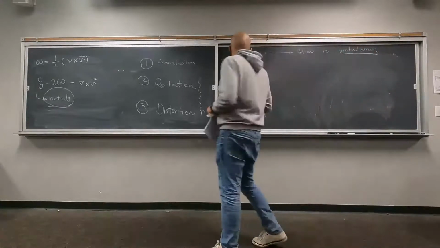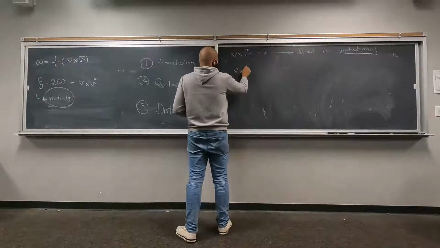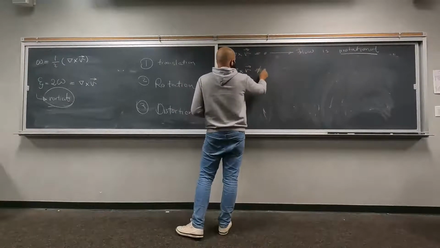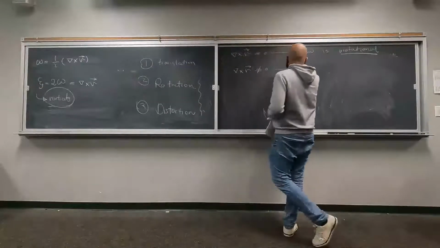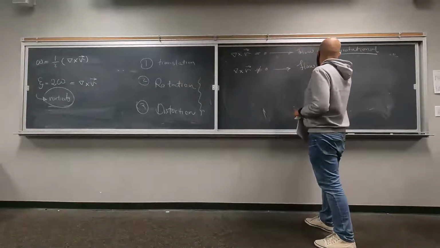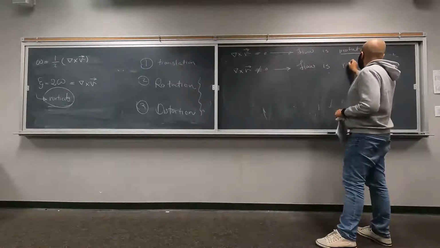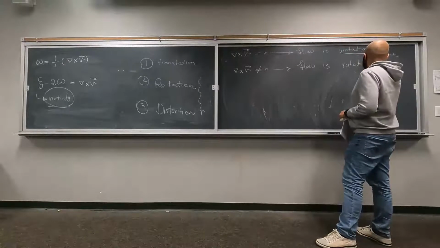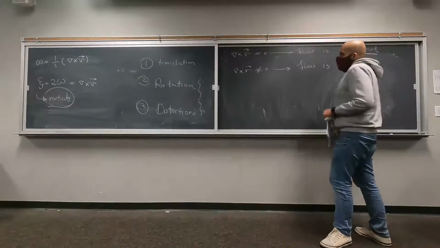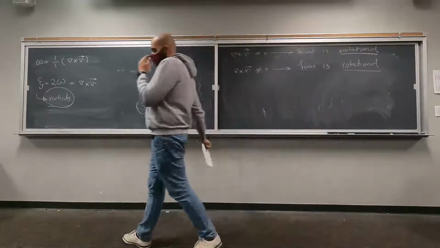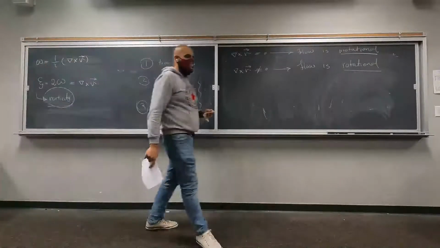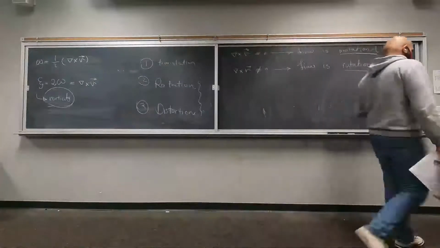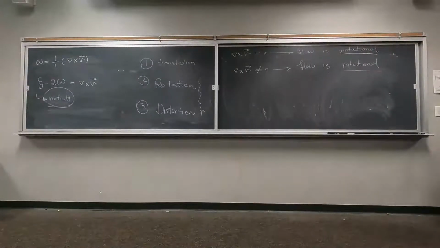When the curl of velocity is non-zero, a finite number, then the flow is going to be rotational. So a new classification is going to emerge from the definition of vorticity: irrotational and rotational flow. Two types of flow, whether the flow is rotational or irrotational.